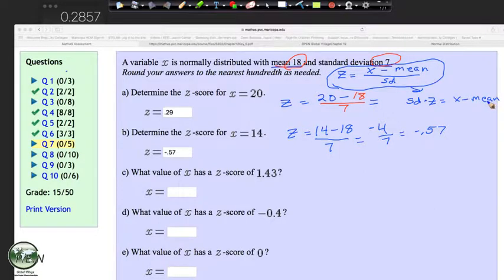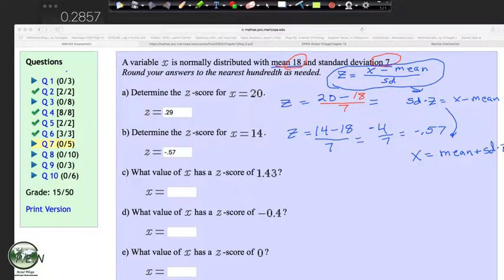And then, algebra, you would add the mean to both sides. So we're going to get this new formula, where if we're looking for x, it's going to be equal to the mean plus the standard deviation times z.